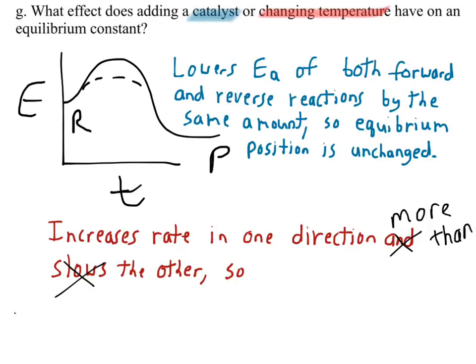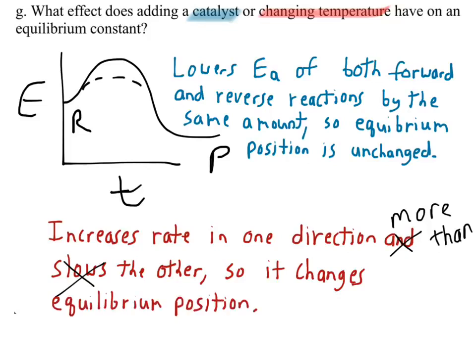If you have a higher temperature, it will make everything in that reaction collide more because there's more motion of reactants and products, but it increases the rate of the reaction that uses energy more. So it does change the equilibrium position. If it's an endothermic reaction, then increasing temperature would make K bigger. If it's an exothermic reaction, then increasing temperature would make K smaller.